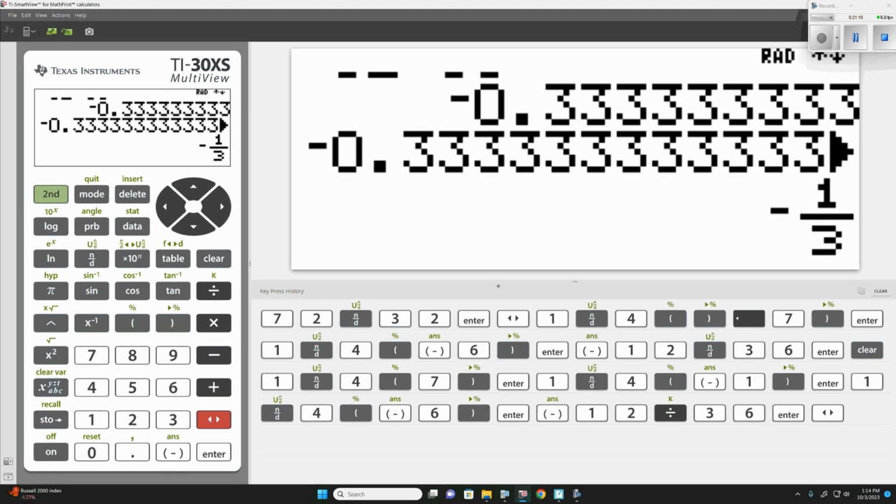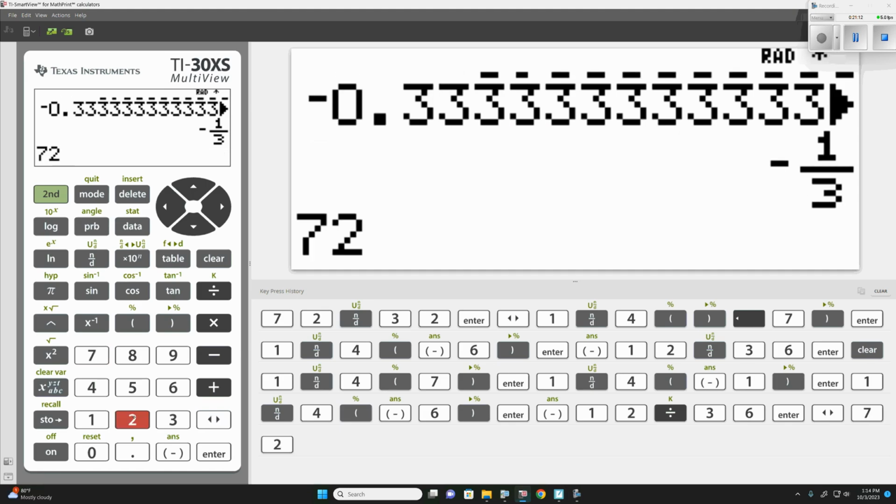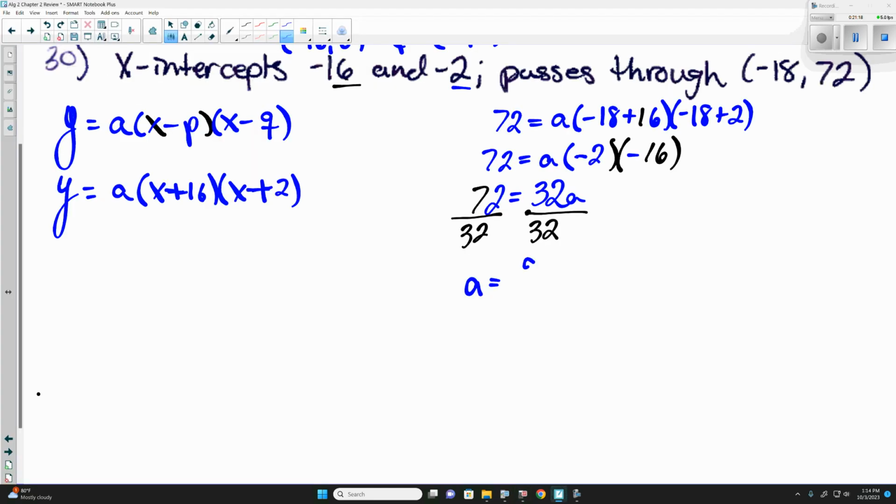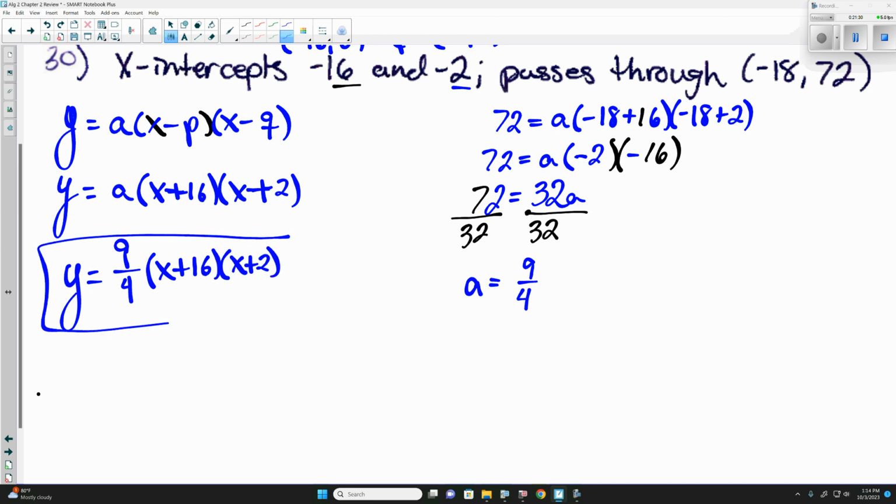So a is 72 over 32, which is 9/4. So we'd have y equals 9/4 times x plus 16 times x plus 2.